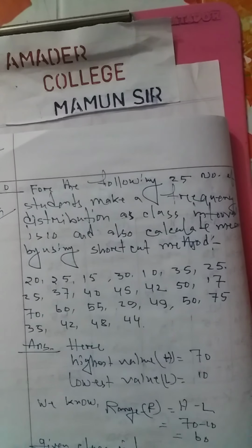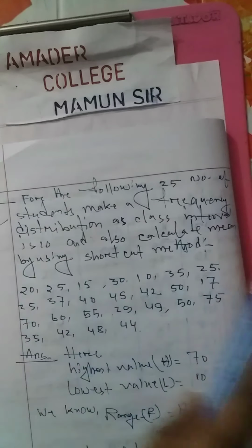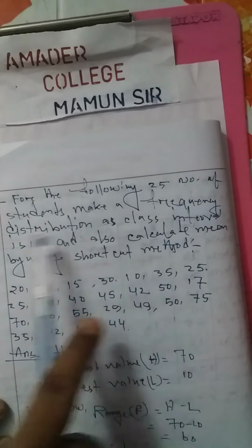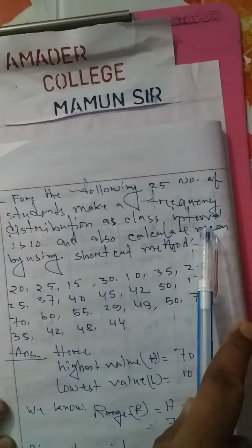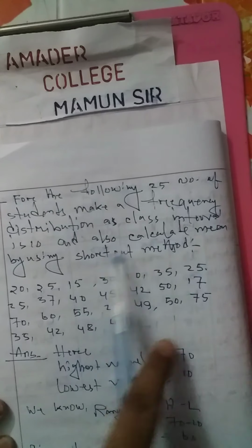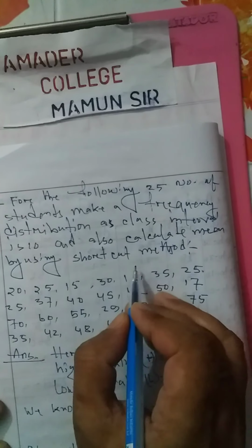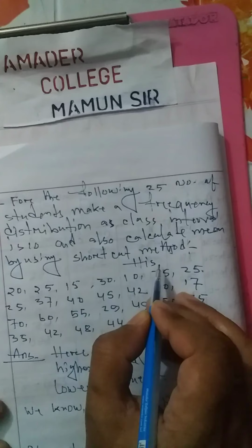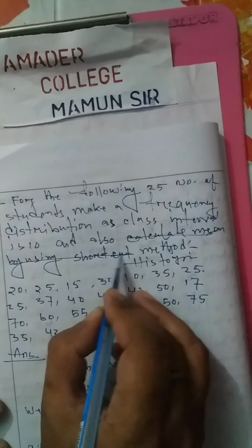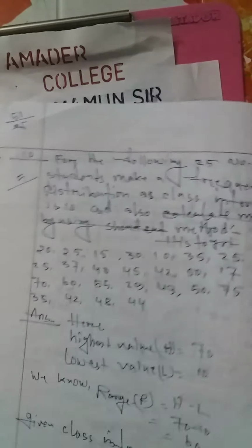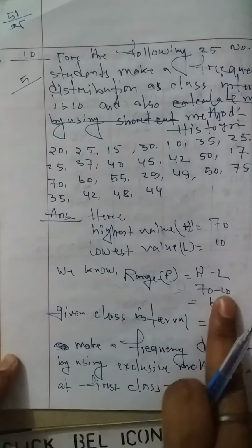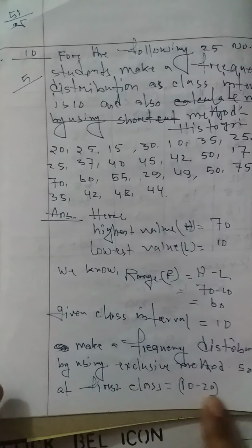Given the frequency distribution, read the question: for the following 25 students, make a frequency distribution with class interval 10, and also draw a histogram. First find the highest value, lowest value, range and class interval; the first class is 10 to 20.